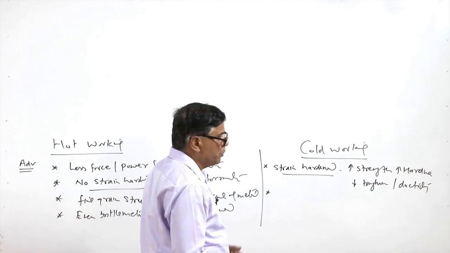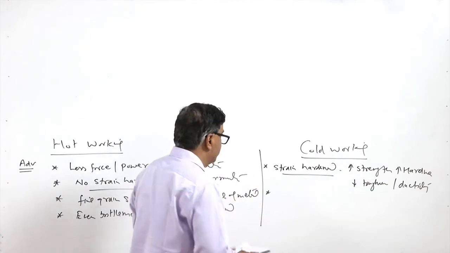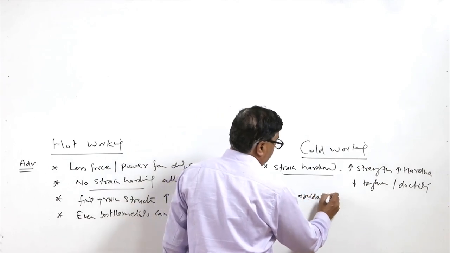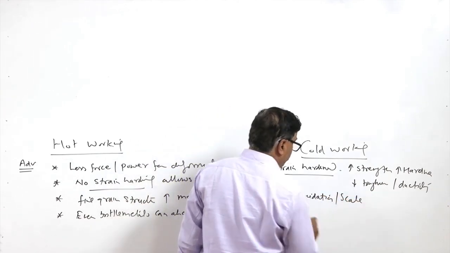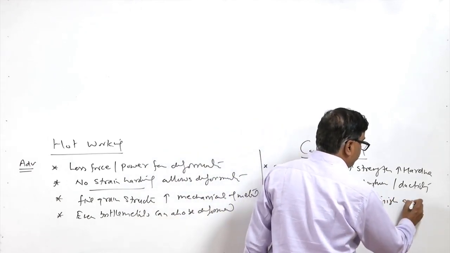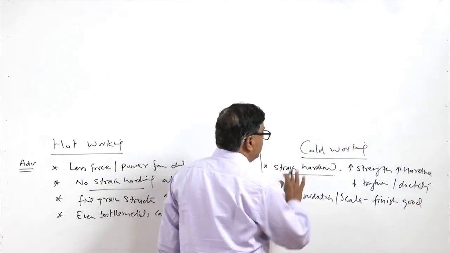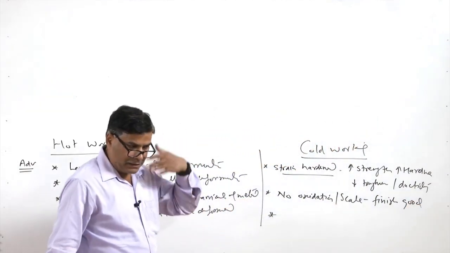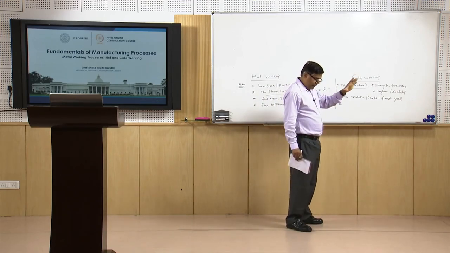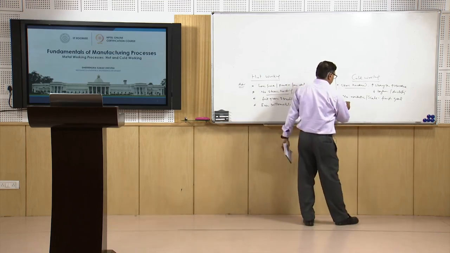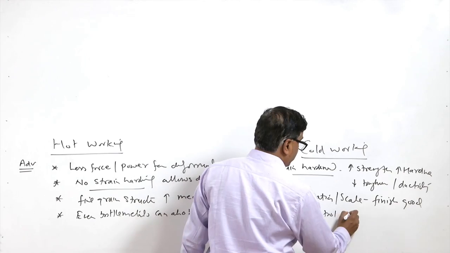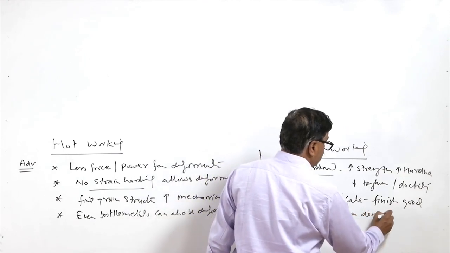In case of the cold working, when the cold working is carried out, there is no oxidation, there is no scale formation. So, the finish which is achieved is very good. And in the cold working, since there is no application of the external heat, there is no dimensional change due to the thermal expansion, and therefore good control over the dimensions is achieved.